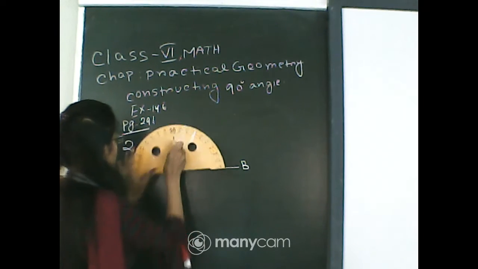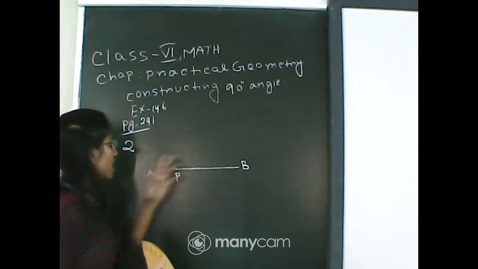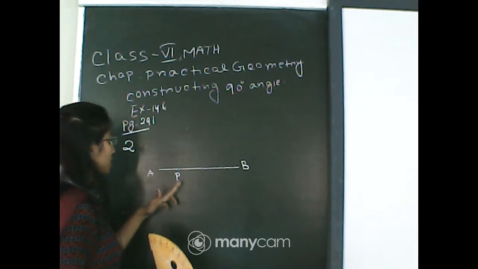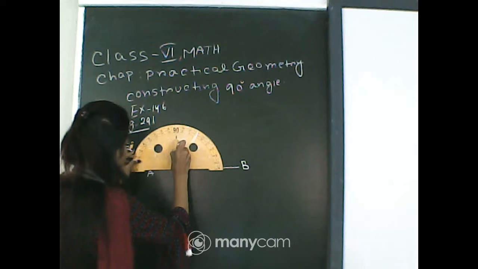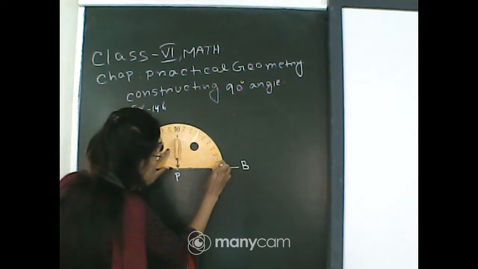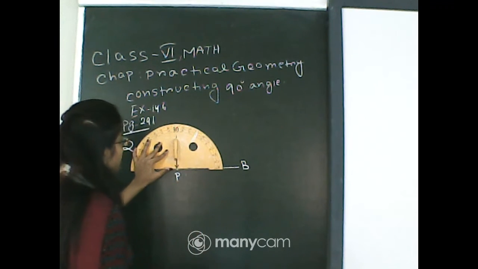Again I repeat the process. To construct the angle 147 degree, we first draw a line AB and take a point P on it. Now place the center of the protractor at P and 0 edge along AB. Okay.